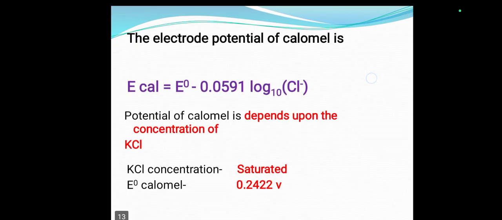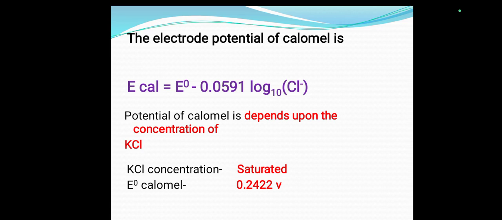Now, what is the electrode potential of Calomel? You need to remember the electrode potential equation: E cal is equal to E standard minus 0.0591 log to the base 10 Cl minus. Here E means potential and cal means Calomel electrode, so E cal means potential of Calomel electrode, and E standard is the standard potential.